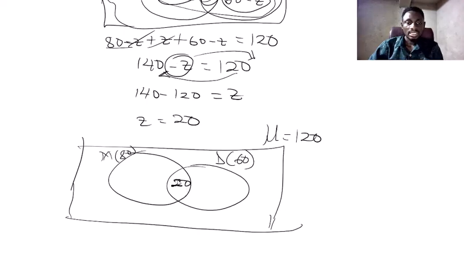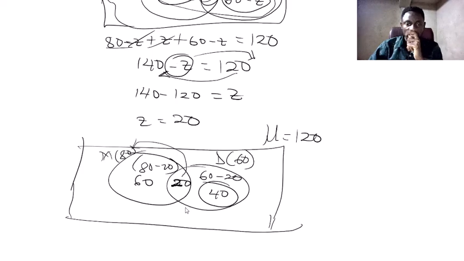Now, if you want to find the number of students who like music only, then we need to subtract the 20 from 80, and that gives us 60. So 80 minus 20. Then for dance, if you want to find the number of students who like dance only, that gives us 40. So here 40 students like only dance, 60 students like only music.